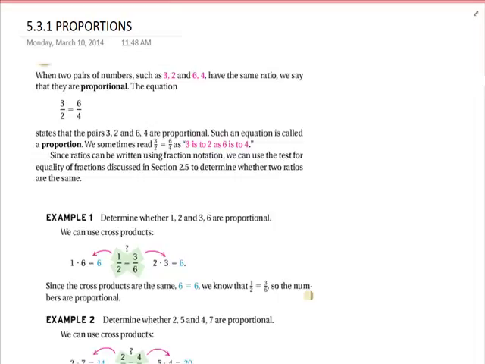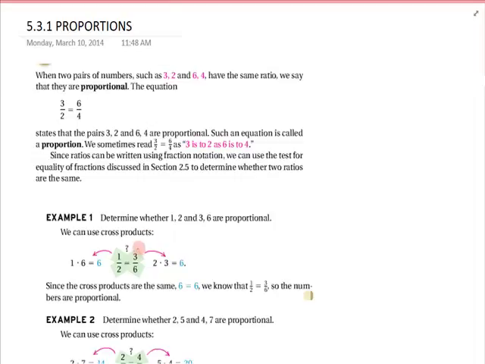All right, in this section, we're going to determine whether the ratios are the same. In other words, are the two sets of numbers proportional? There's two examples from your book. Determine whether 1, 2 and 3, 6 are proportional. You can use cross products, and we really have done this before. We did it back when we were working with fractions.